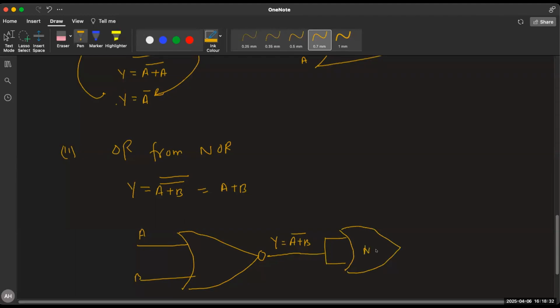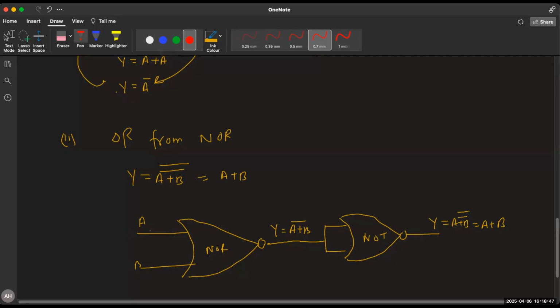This is the NOT gate. This is the NOR gate. So output here is A or B complement, which is A or B only. So this whole thing is your OR gate. Yeah, this is clear.